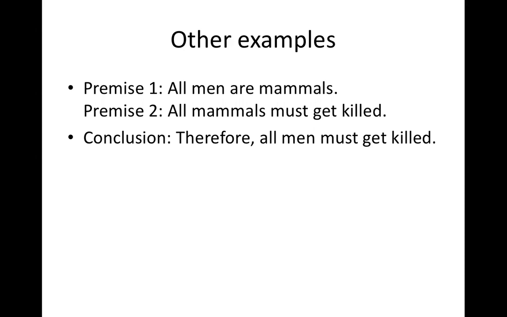All A are B, all B are C, therefore all A are C. It is an argument where the consequent of a premise becomes the antecedent of the next premise, and then the conclusion pairs the very first antecedent to the very last consequent.